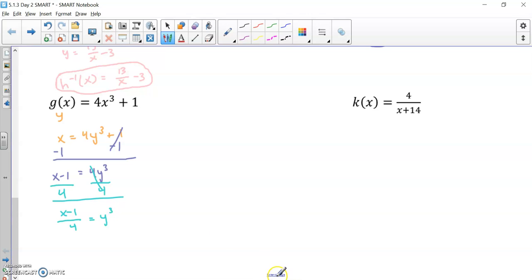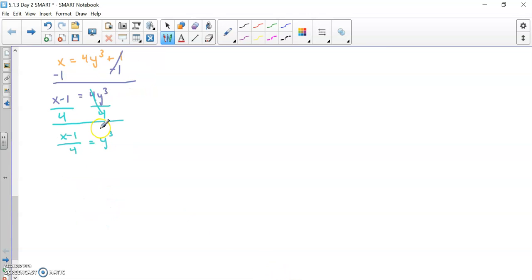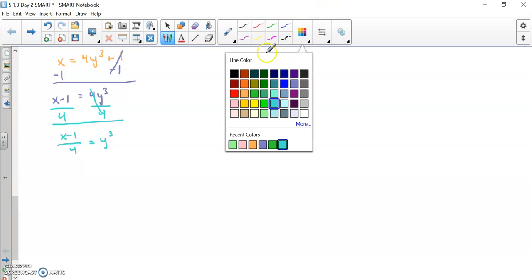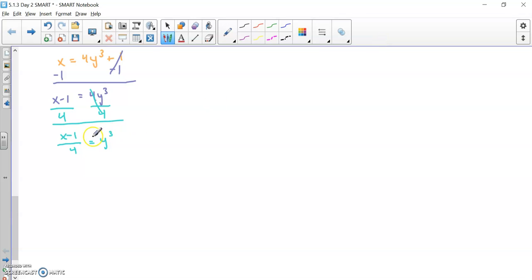We are almost done. Y is almost alone, but it's being cubed and we don't like that. So we're going to do one last thing. To get rid of this y being cubed, we just have to do the opposite, which is to cube root it.